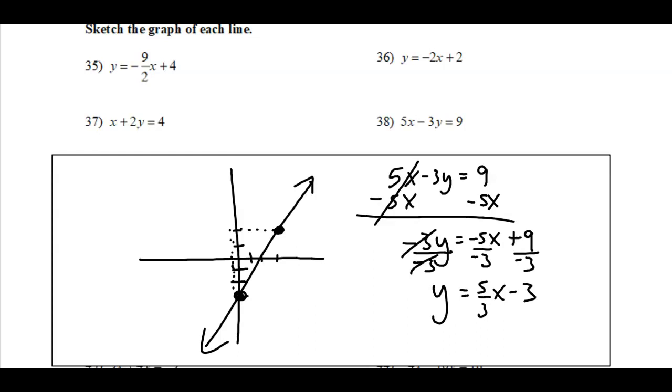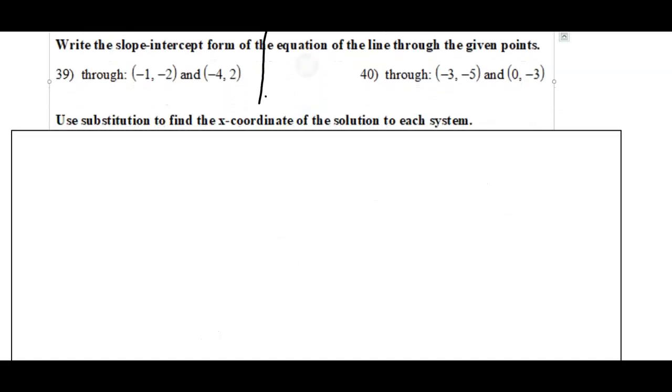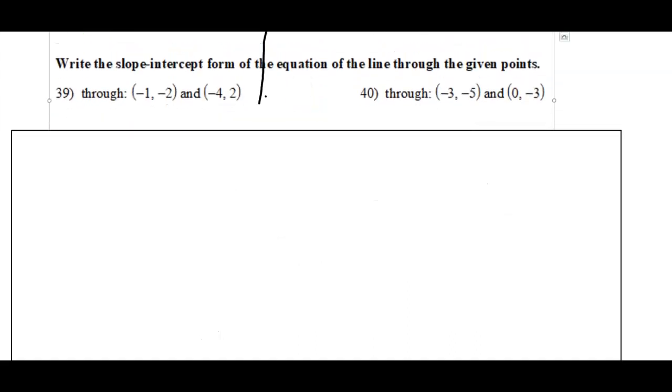All right, moving on to number 40. This is another question from Unit 1. Writing the equation of a line. Okay. To find the equation of a line, we need to start by finding our m value. And the way that you find m is by using the formula y2 minus y1 over x2 minus x1.